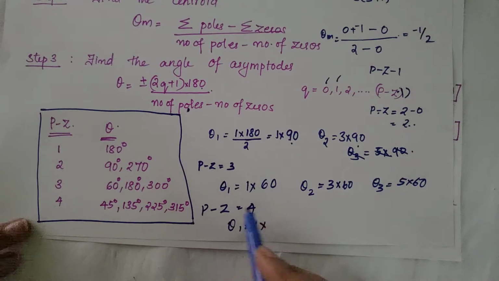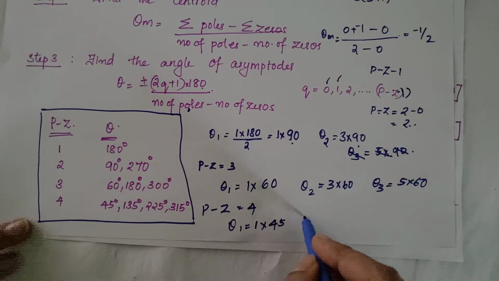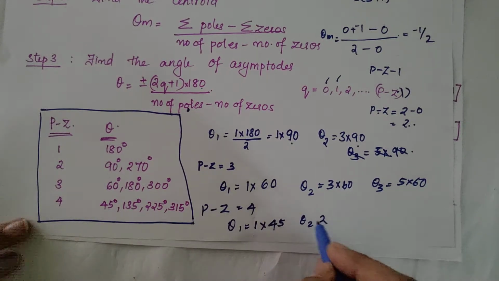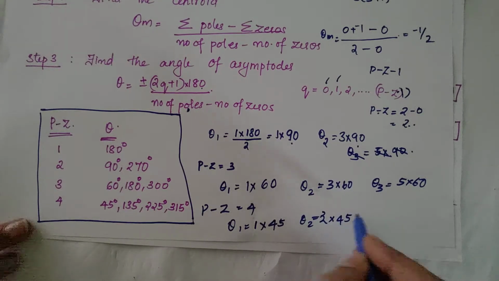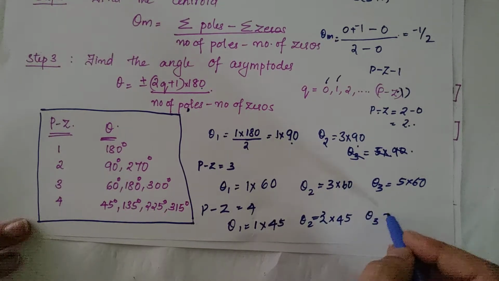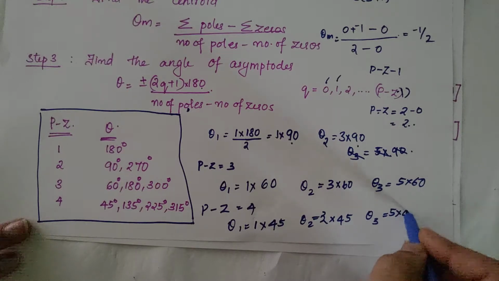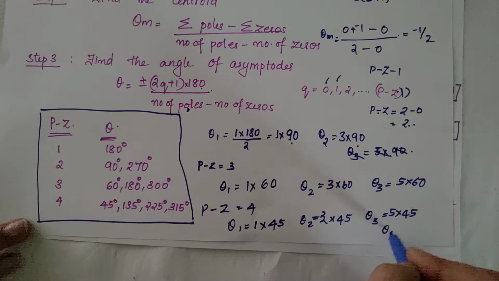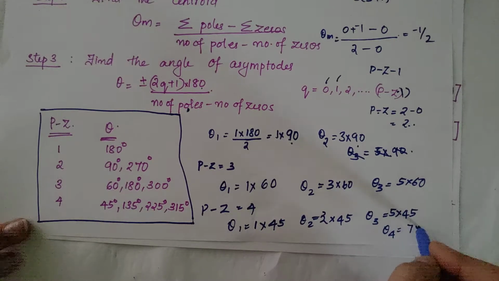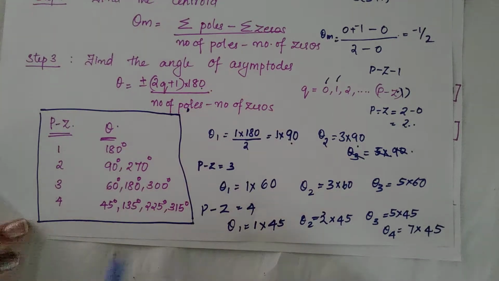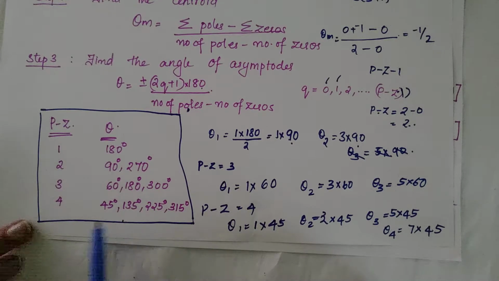Theta 1 is first into 180 by 4, which is 45. Theta 2 will be 3 into 45, theta 3 will be 5 into 45 and theta 4 will be 7 into 45. Those values are written here.